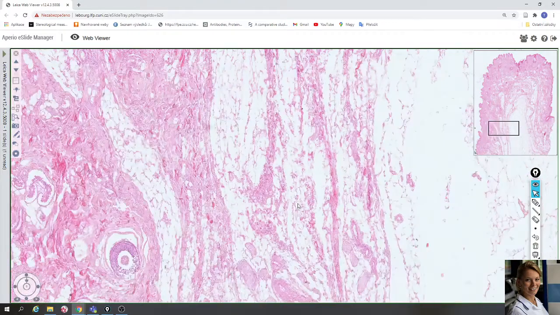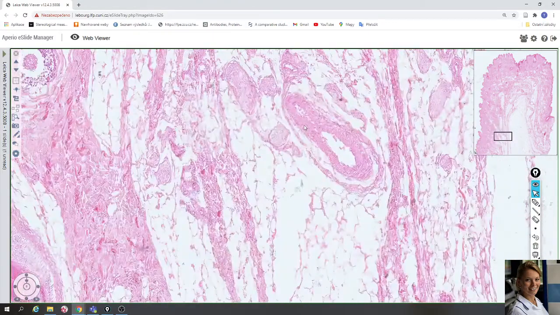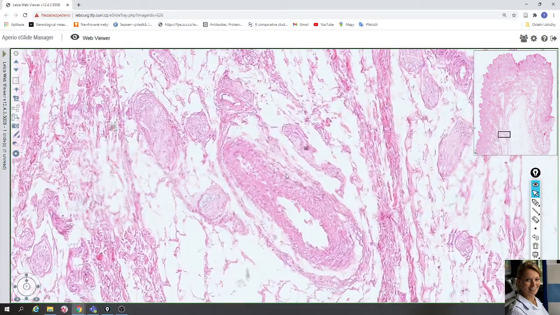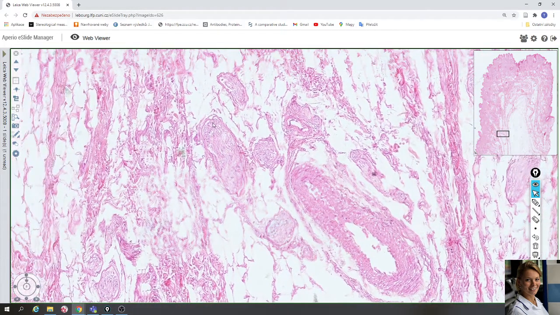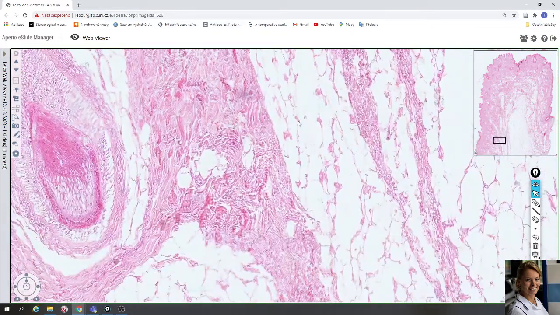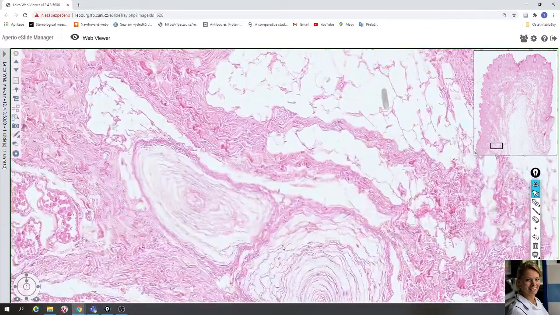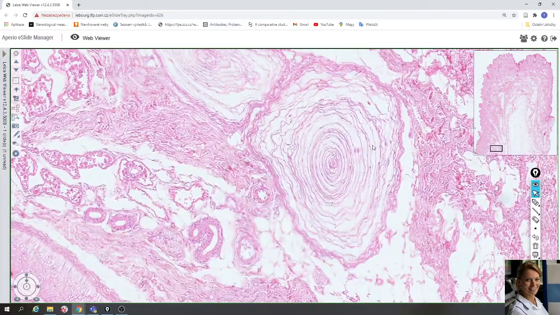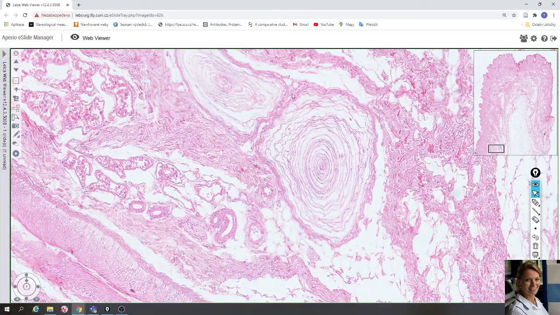And in the adipose tissue you can also find a big blood vessel here, which is lined by one layer of squamous cells called endothelial cells. And here are nerve fibers, here and here, and sometimes a Pacinian corpuscle is visible here.